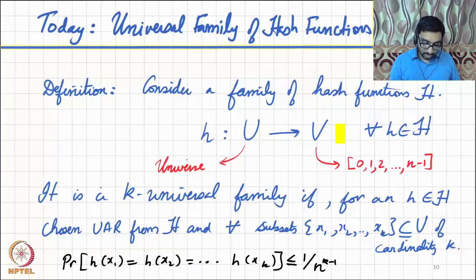And remember, this condition must hold for a hash function h chosen uniformly at random. So the randomness is based on this choice of hash function. And it must hold for any subset of at most k items drawn from the universe U.